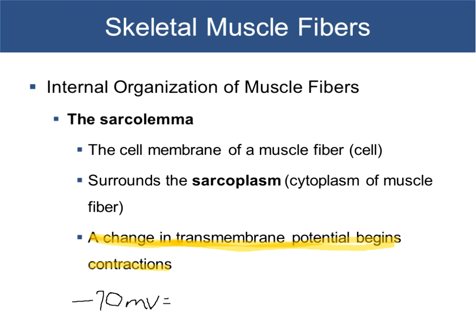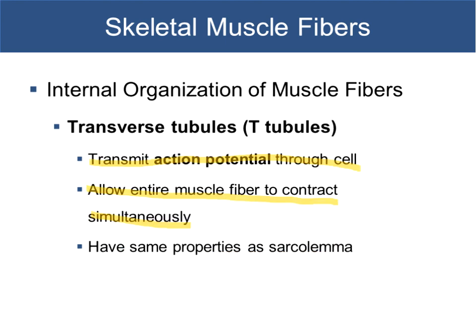This is the measurement if we put electrodes, something that can measure electrical activity, on the inside of the cell when it is at rest. And this is important because it's going to change when we get this cell to work. So when we're at rest, we're at -70 millivolts. But a change in that transmembrane potential, a change in this -70 millivolts, is what initiates the contraction. And we'll talk about that after we take our tour of the muscle cell.